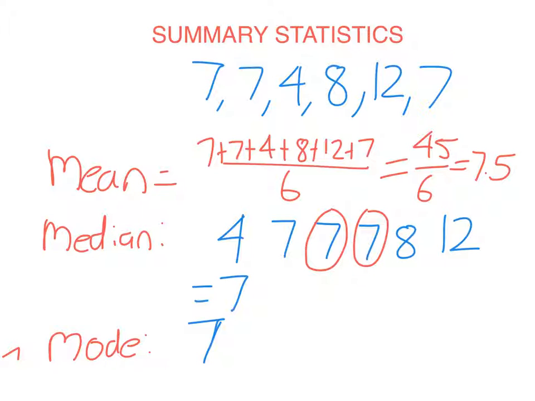So recall all 3 of these are measures of central tendency. So the idea here is that these 3 are supposed to give you an indication of where the center of your data is. They're summarizing the data with one number. So what we'll see in later lessons is that we very rarely use the mode to tell us where the center of the data is.